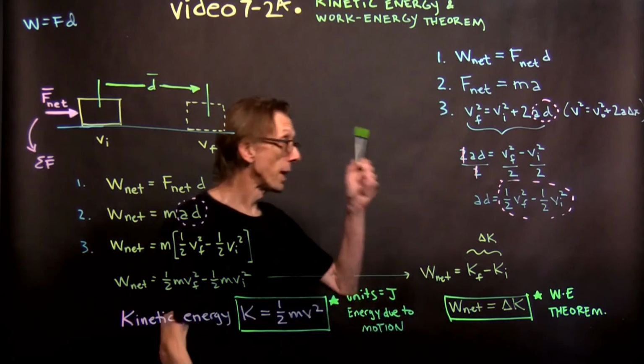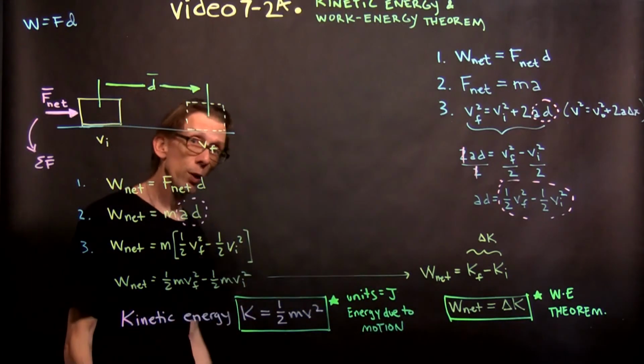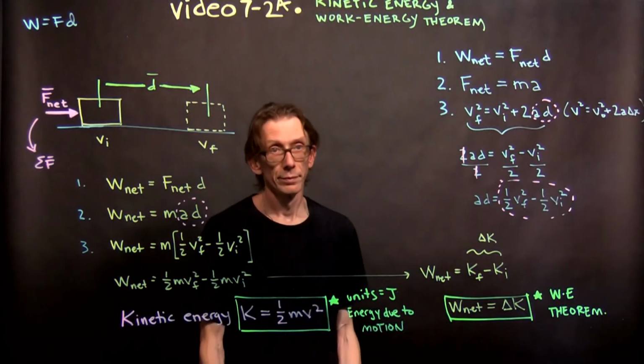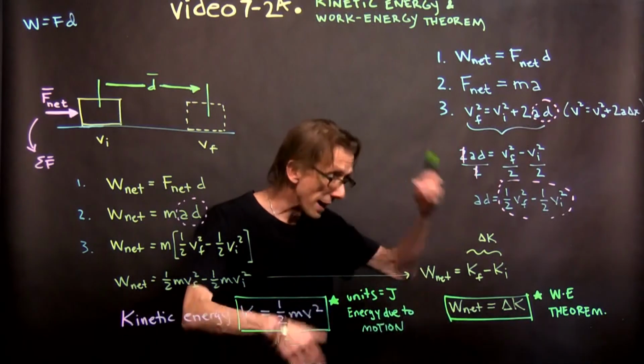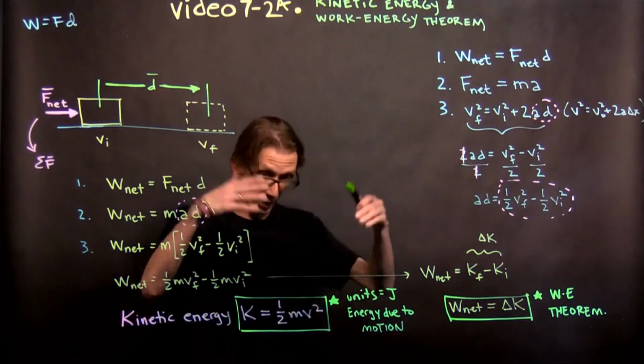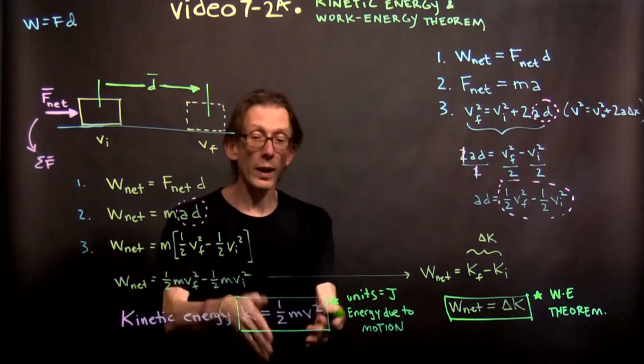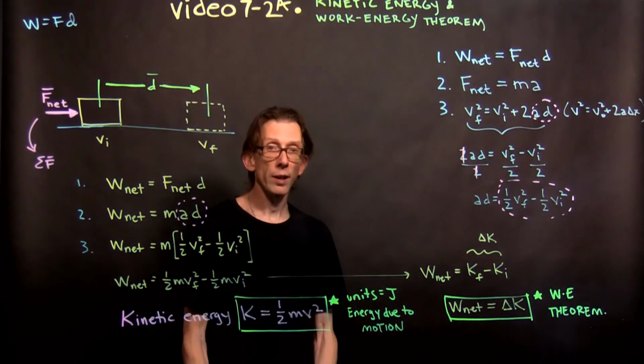So I can throw my pen across the room like that. As it moves, it has kinetic energy because it has a mass and it has a speed. So it has kinetic energy. Anything with an M and a V, you can combine it this way and get that object's so-called kinetic energy.